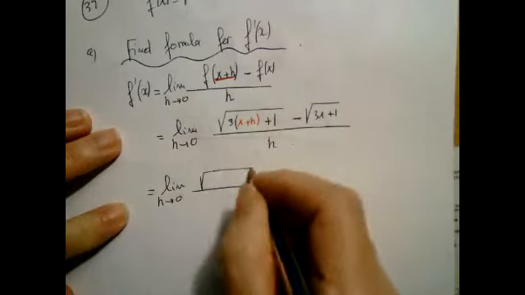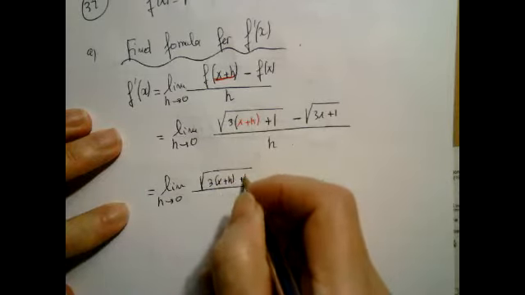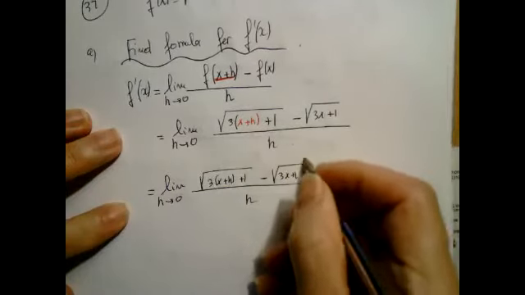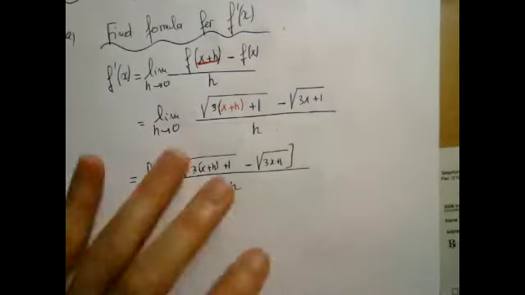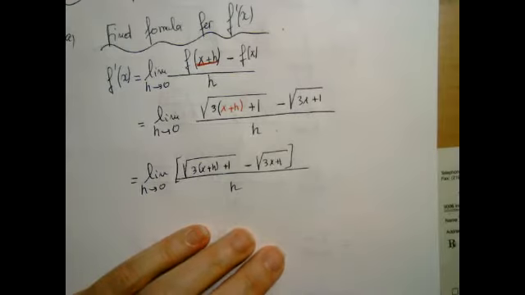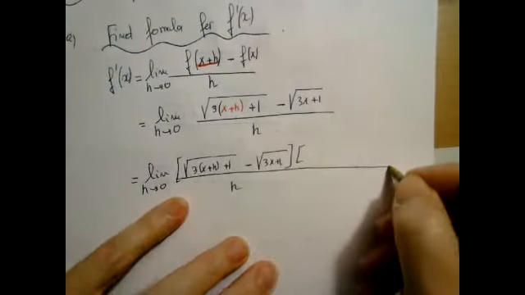Remember how we got rid of this 0 over 0 scenario in this problem? Multiply by a conjugate. That's the trick that we used before.